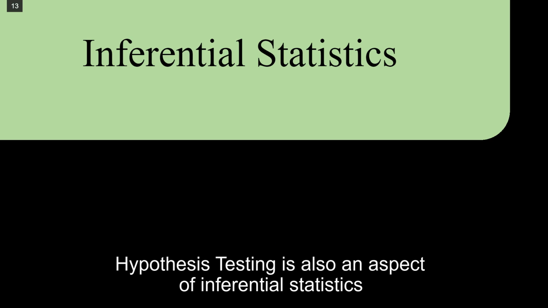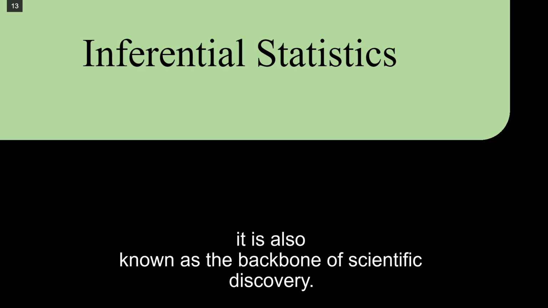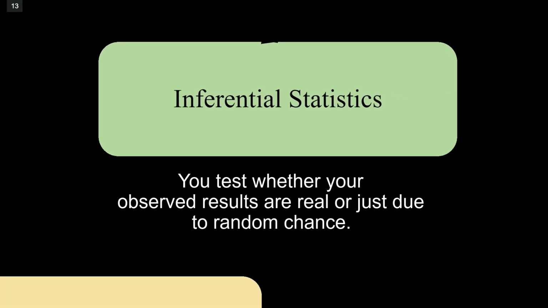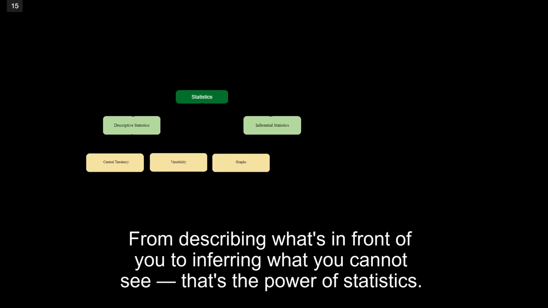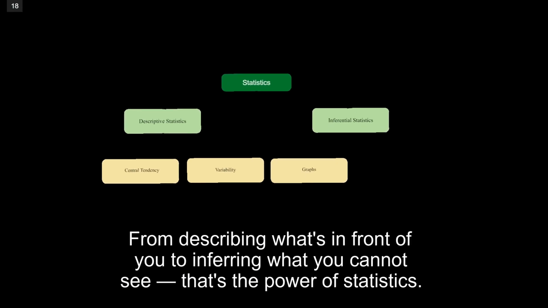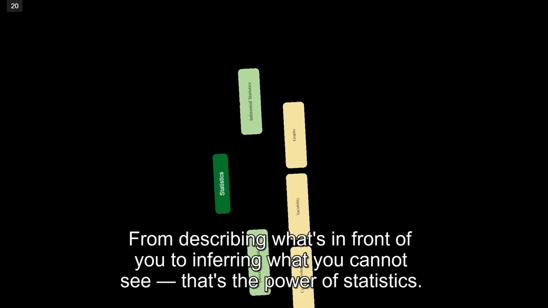Hypothesis testing is also an aspect of inferential statistics. It is also known as the backbone of scientific discovery. You test whether your observed results are real or just due to random chance. From describing what's in front of you to inferring what you cannot see, that's the power of statistics.